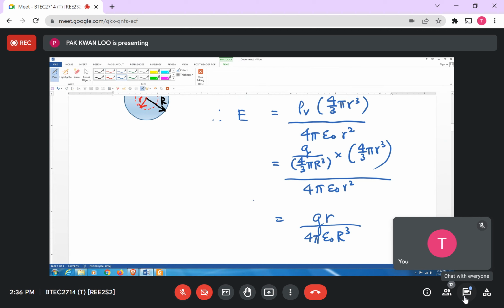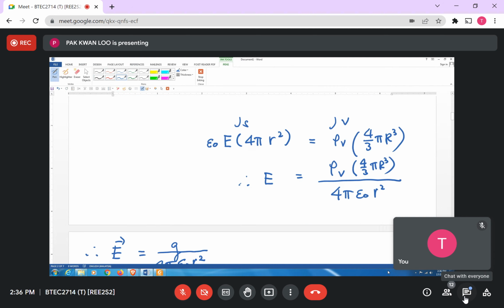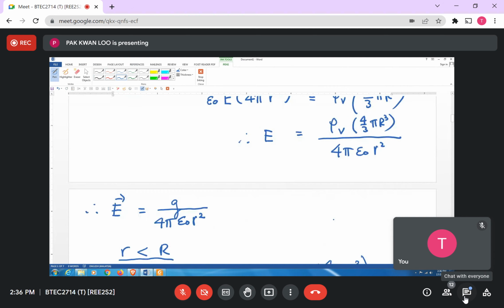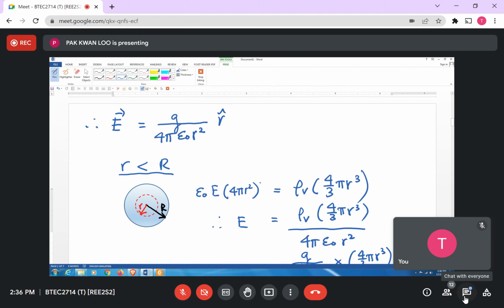Okay, so that is E inside. If we take into account the direction, it should be in the r cap direction.